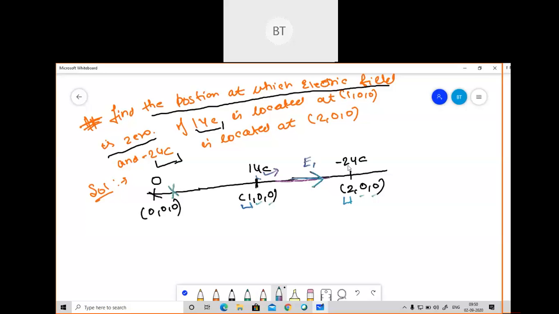Now for -2 microcoulomb, that will be inward, towards it. Try to understand one thing: if plus is there, the field goes away from it, and if minus is there, it comes towards it. I have told you this already. If plus 1 microcoulomb is there, it goes away from it, so I made this arrow. Now for -2 microcoulomb, this should come in.